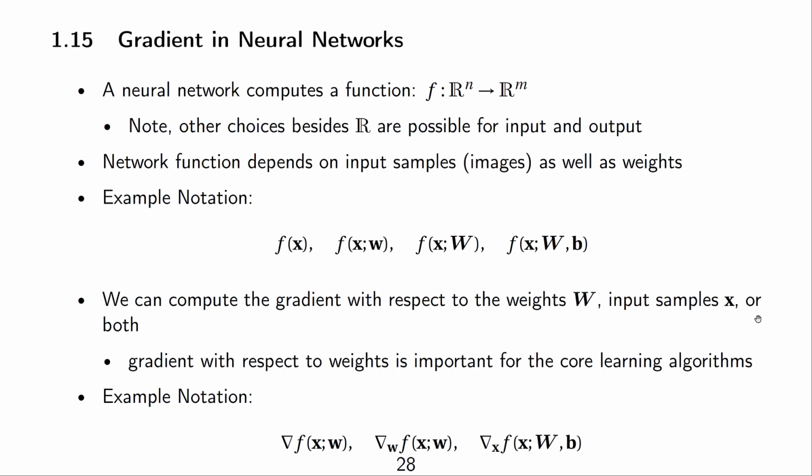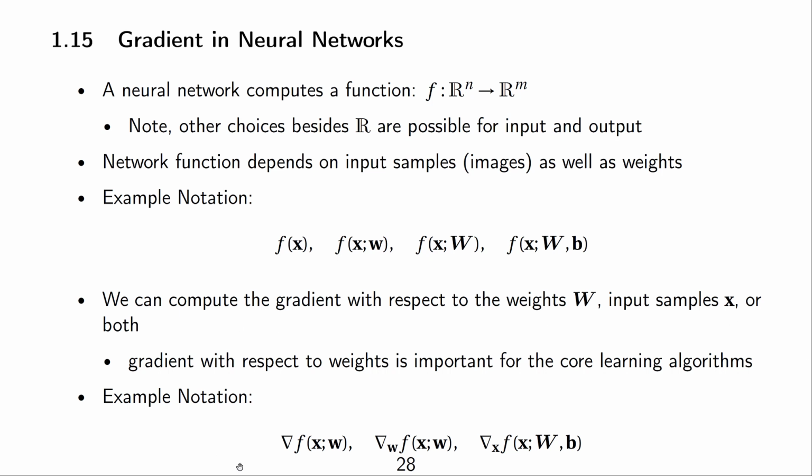So typically during training, it will be very important to compute derivatives, gradients, with respect to the weights, and for certain adversarial attacks, style transfer type of applications, we see often that we want to compute derivatives with respect to the input samples, the input images.